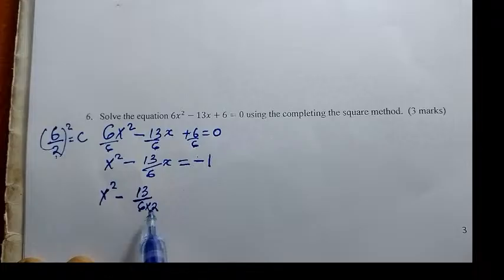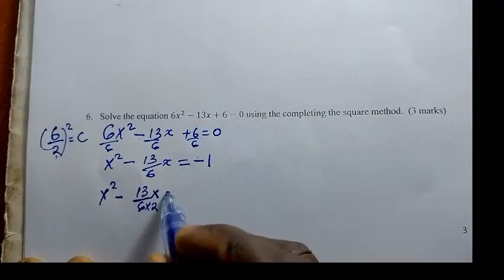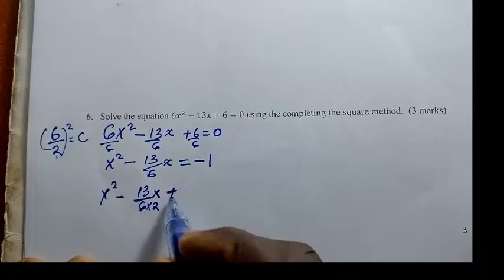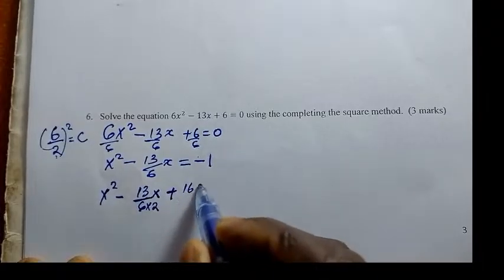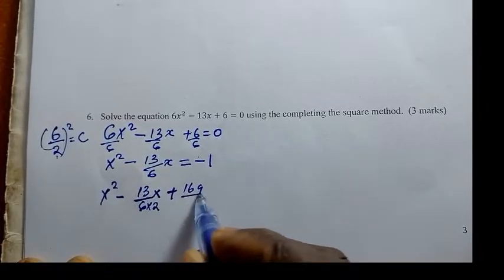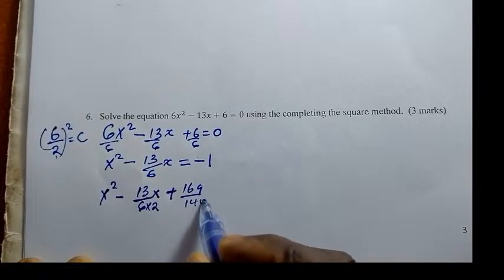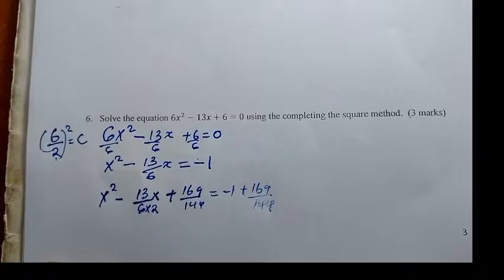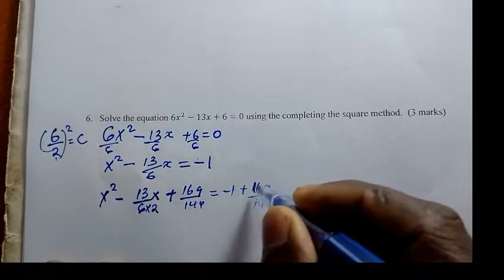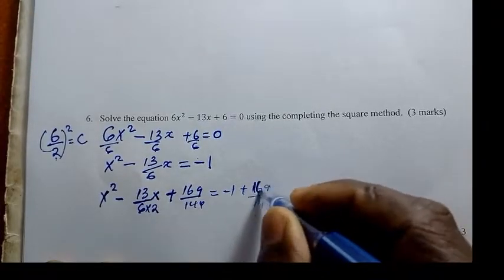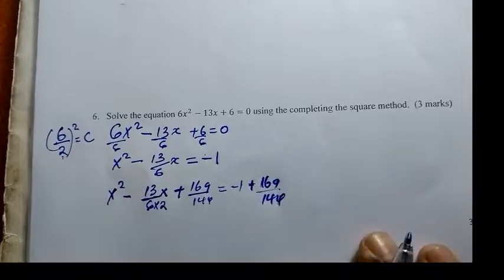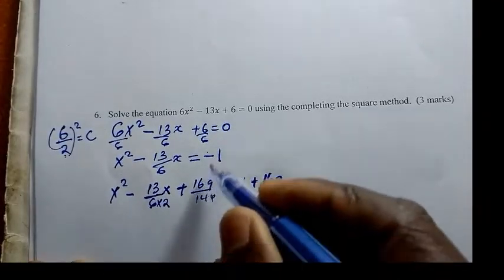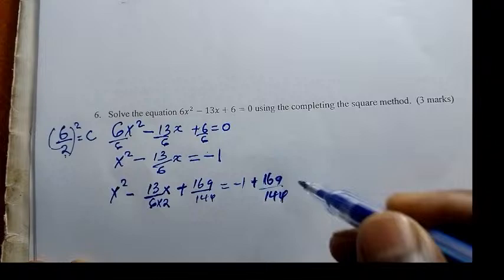So what we are going to add in both sides. This one will be the square of this over 144. We go to the other side, negative 109 over 144. So this one inaisha because tumeongeza both sides.